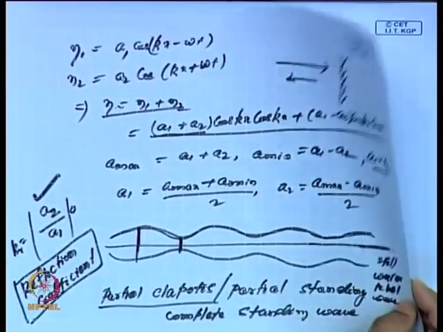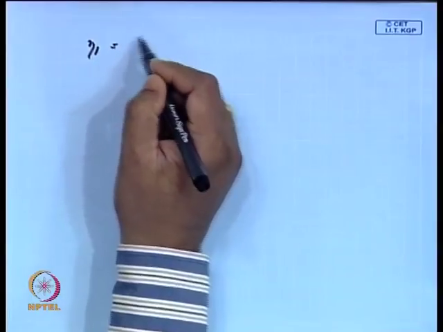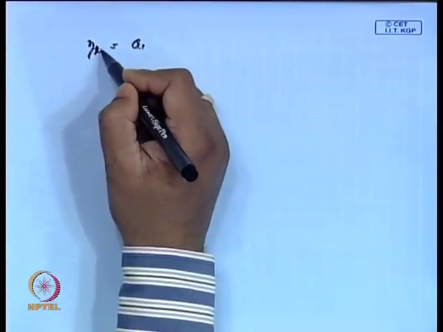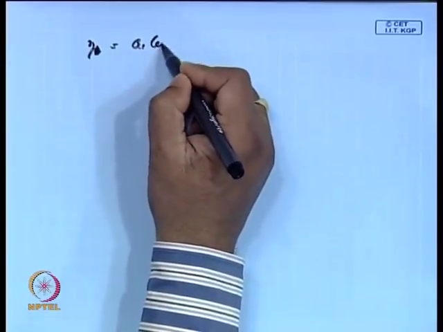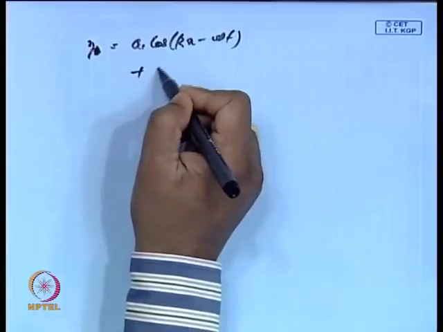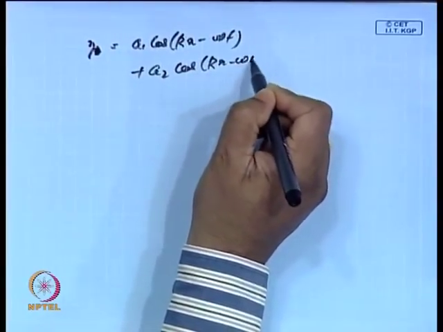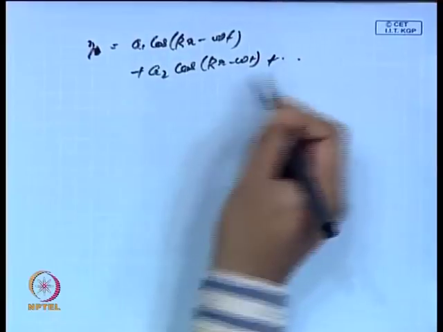Another simple thing: we have just seen how changing the amplitude and direction of the waves matters. Now, what will happen if we have waves of similar nature propagating in the same direction? Suppose eta is a combination of A1 cos(kx minus omega t), and so on, all propagating as cos(kx minus omega t), only the amplitudes changing.